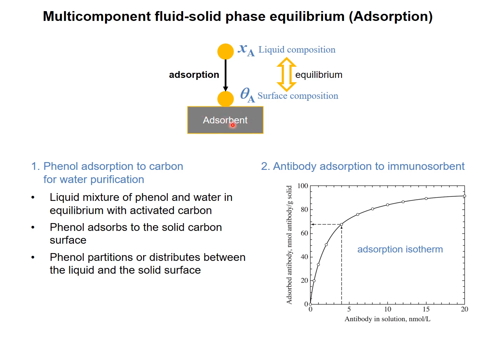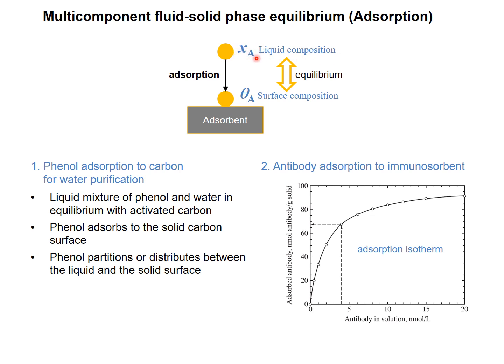And then let me put this adsorbent into water or some solvent containing some impurities. Let me say that the impurity or pollutant is called A. So the pollutant concentration in the liquid is XA. That is the liquid composition of the A species.